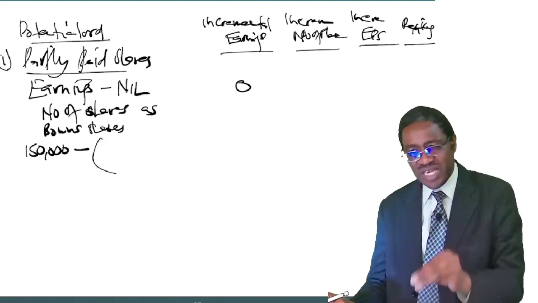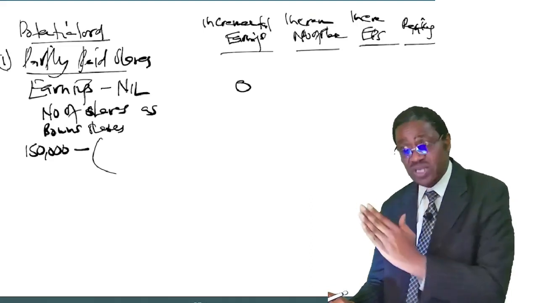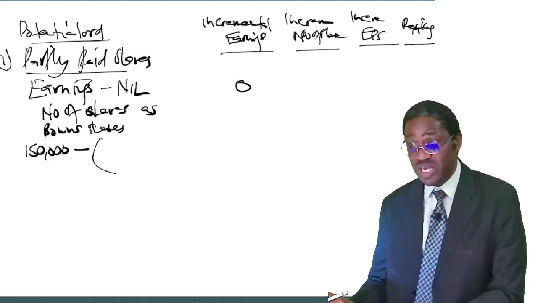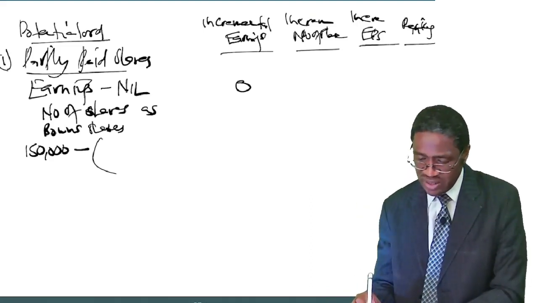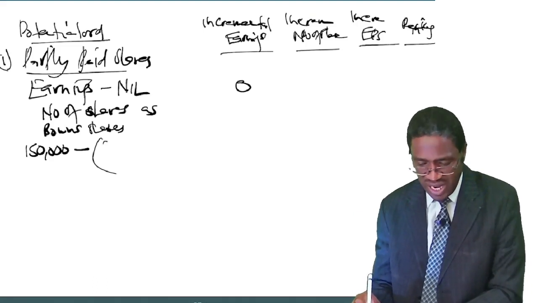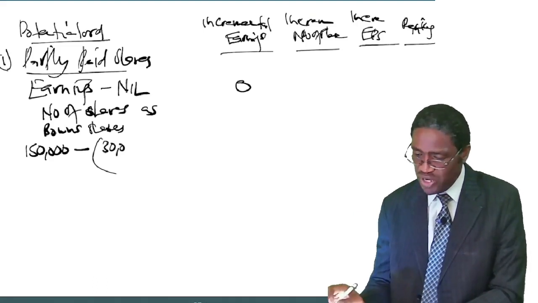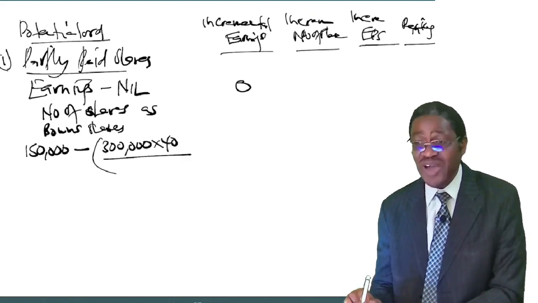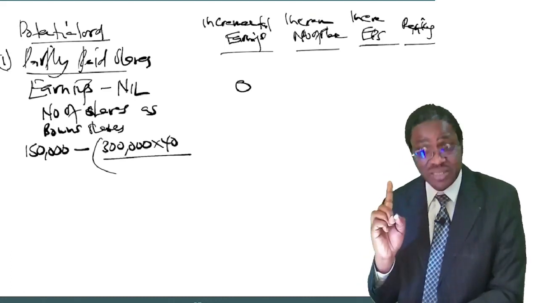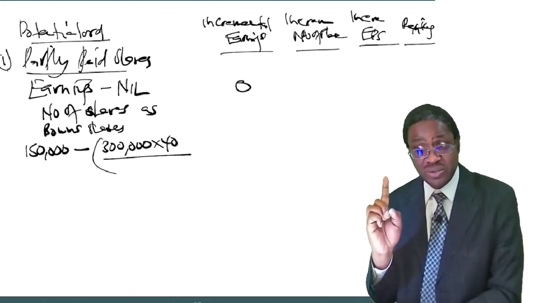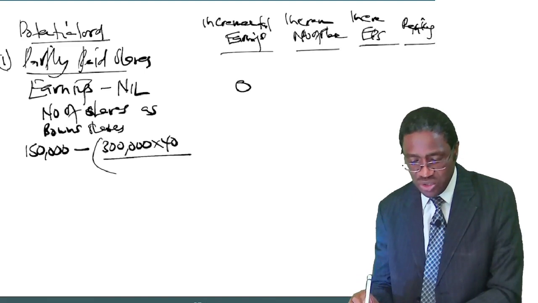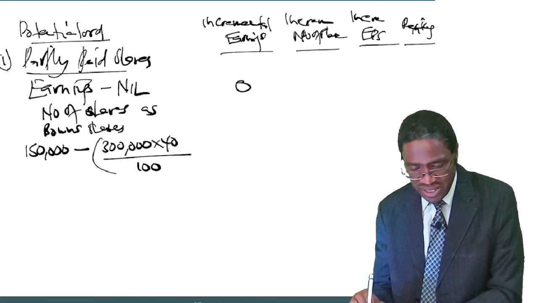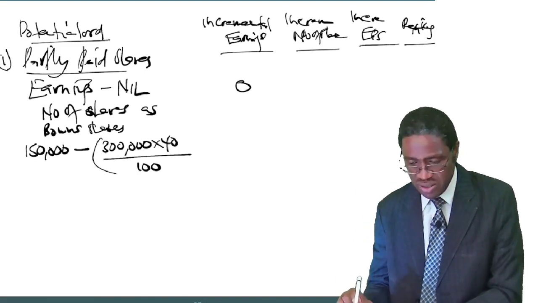So it's the same as taking this 150 and removing those which will be issued at full market price, which is what we are getting as how much? As 300,000 times 40, which we shall divide now by 100. You will bring in 12 million at a time when the market price is no longer 80, but what? But 100. Good.